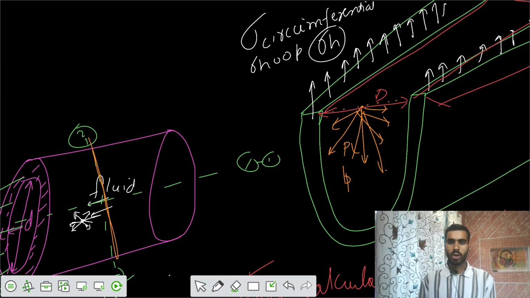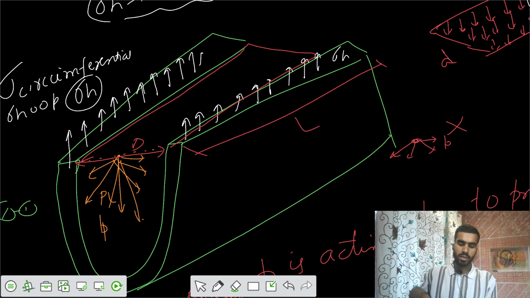So we got these three different kinds of stresses. Now because of stresses, there is development of strains in the material also.